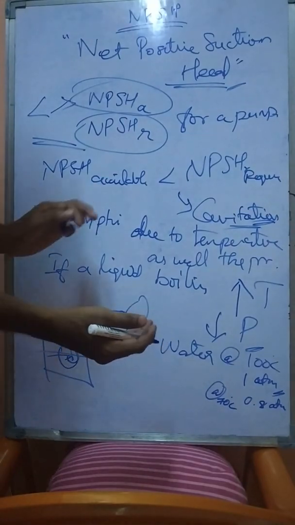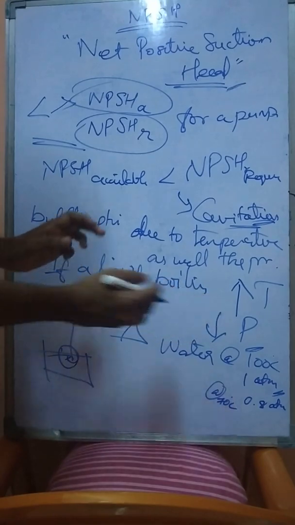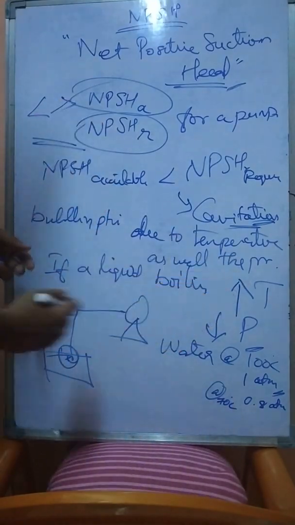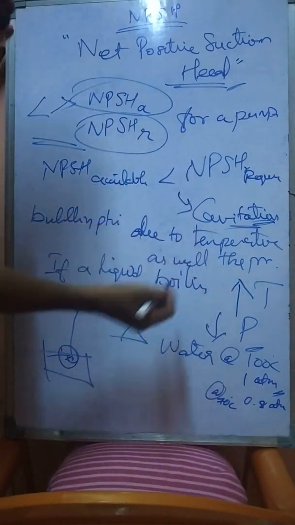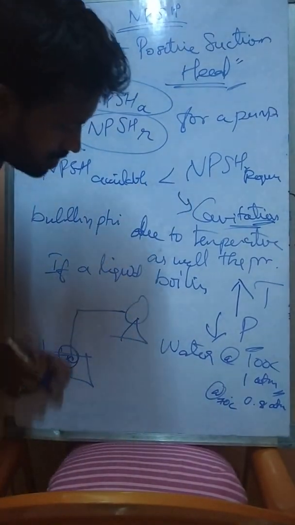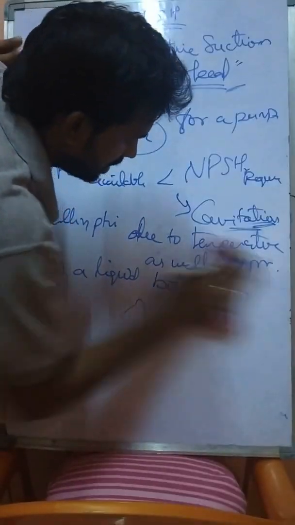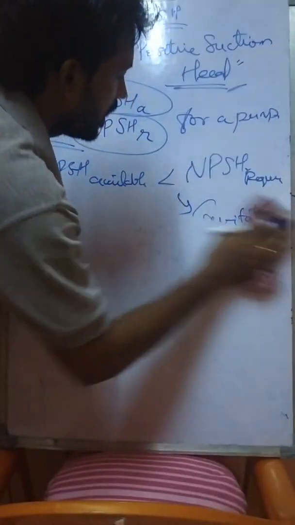So the pressure has more impact than the temperature, but both have an impact on when the liquid boils. Now let's go and calculate the NPSH. We have both considerations, pressure and temperature, for a liquid to boil.